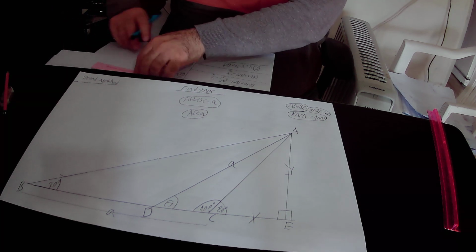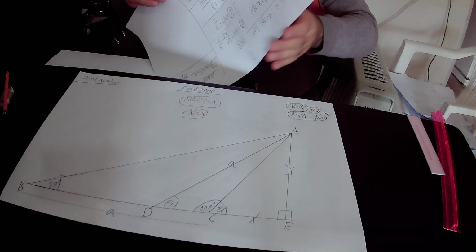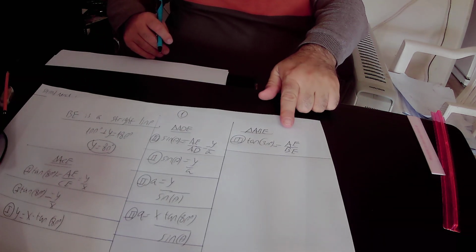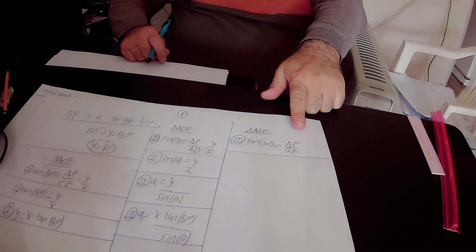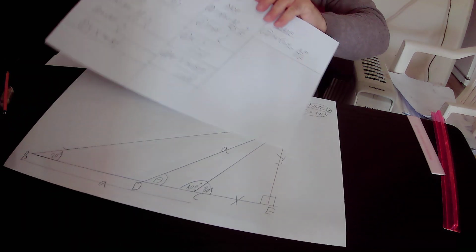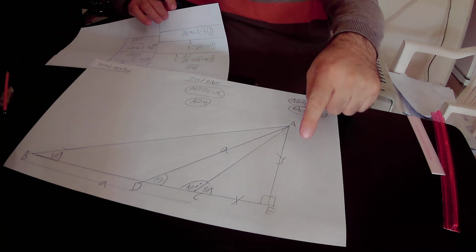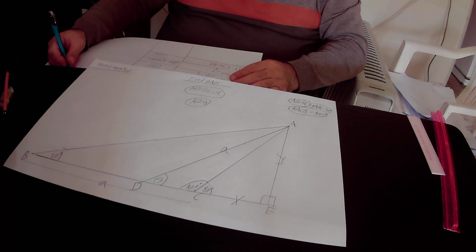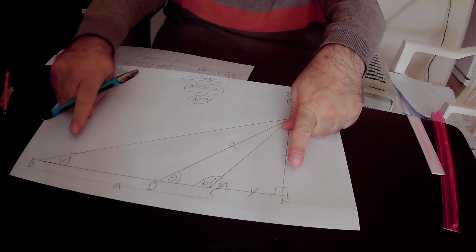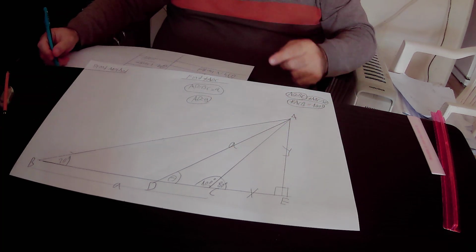I repeat again, in the right triangle ABE, tangent 30 degrees equals AE over BE. But according to our definition, AE equals Y, and BE equals A plus X.